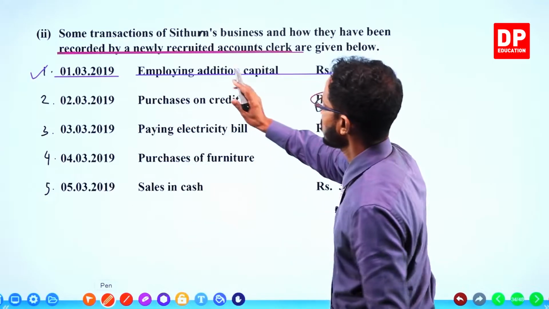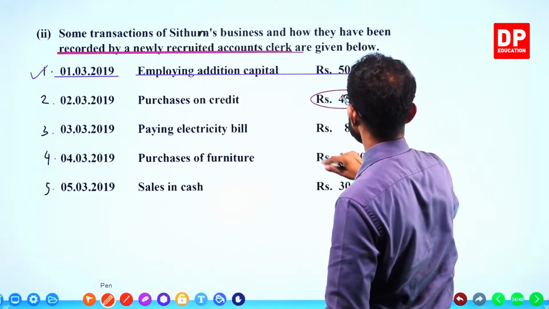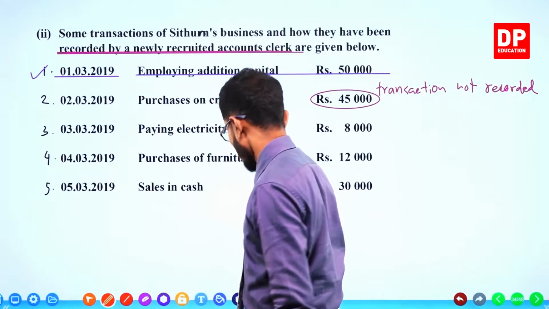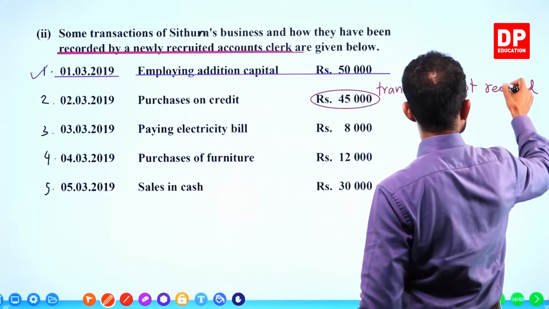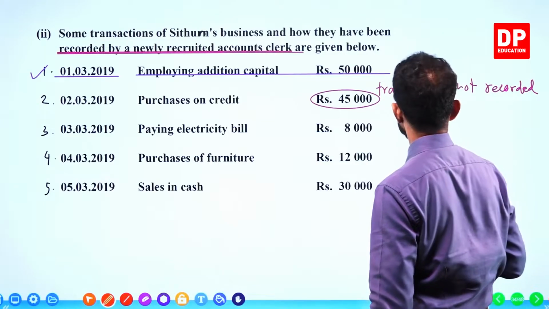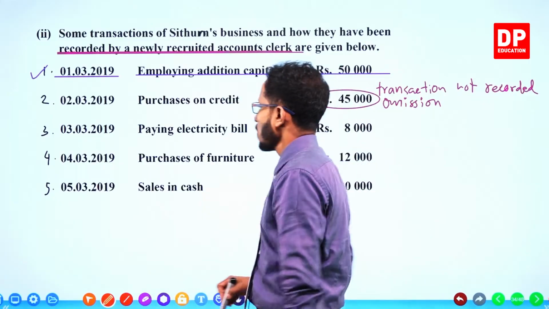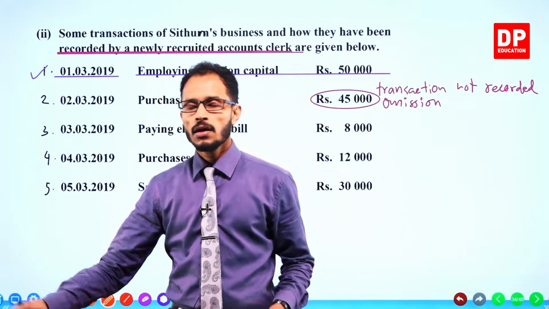Let's write it down right here. Purchases on credit 45,000. Transaction not recorded. Omission.